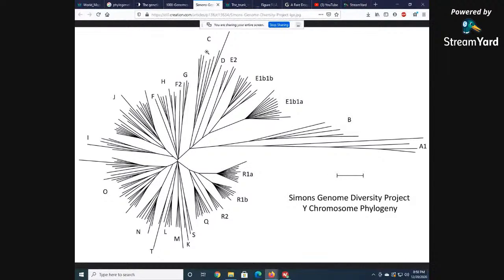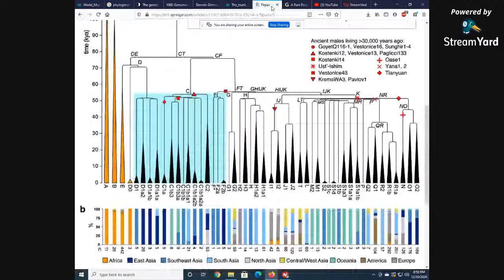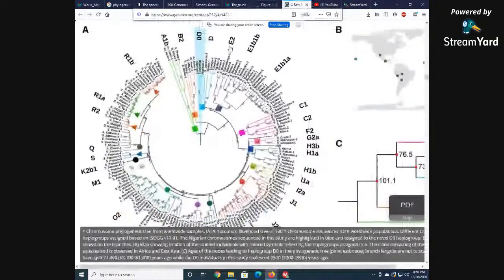But then again, you have the E2, the E1, and the E1B, then you don't have the major populations or the original populations, which are the Cushites, the Egyptians, and the Phoenicians.